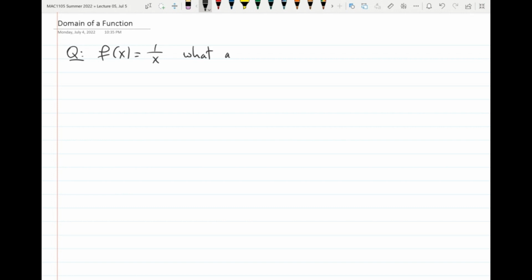So what is, or are, the values that x cannot be? Sometimes it can be whatever you want. For example, if I had said f of x equals x, you can plug in whatever you want, right? Now, sometimes the formula itself comes with some restrictions.